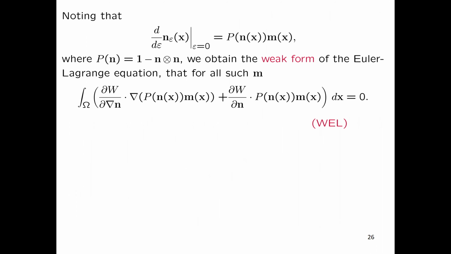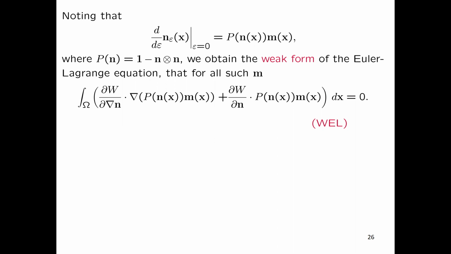So what is the derivative of n epsilon with respect to epsilon? Well, it's P(n(x)) m(x), where P is this projection. So P of n is identity minus n tensor n. So doing what I just said, you take the derivative with respect to n and multiply it by this derivative, so there it is. And then I take the derivative with respect to the gradient of n and multiply it by the gradient of this guy.